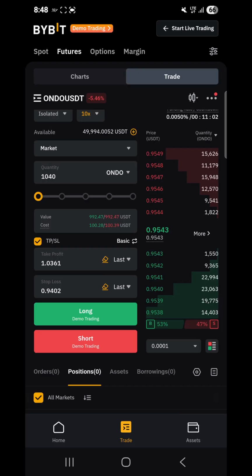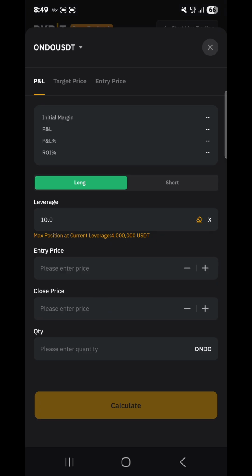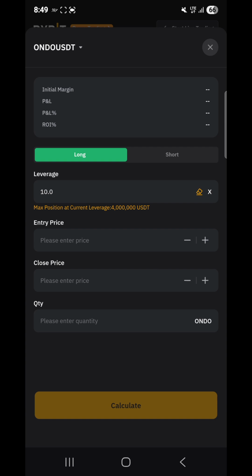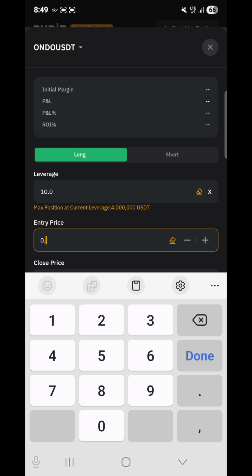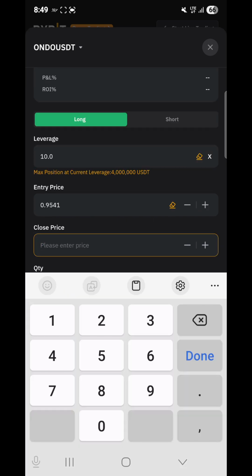So I'll click on these three horizontal lines here, and then I'll click on calculator. Now I want you to see something as well. 10x leverage, and my entry price is at 0.9541, and then the close price, that is the price I want to close at, is 1.0361.